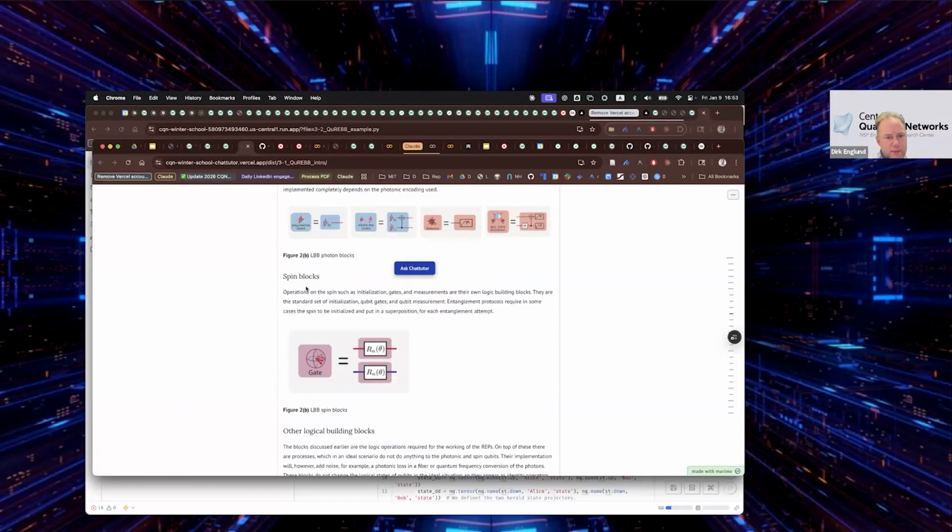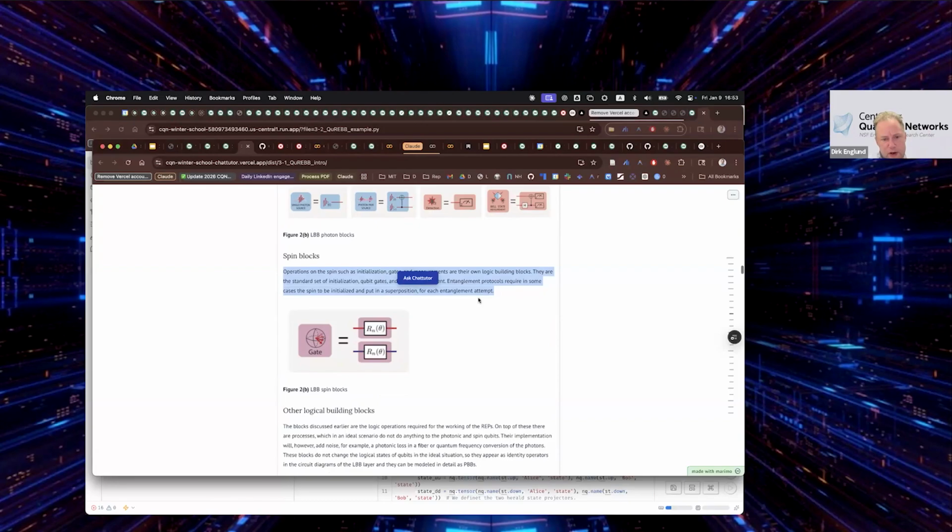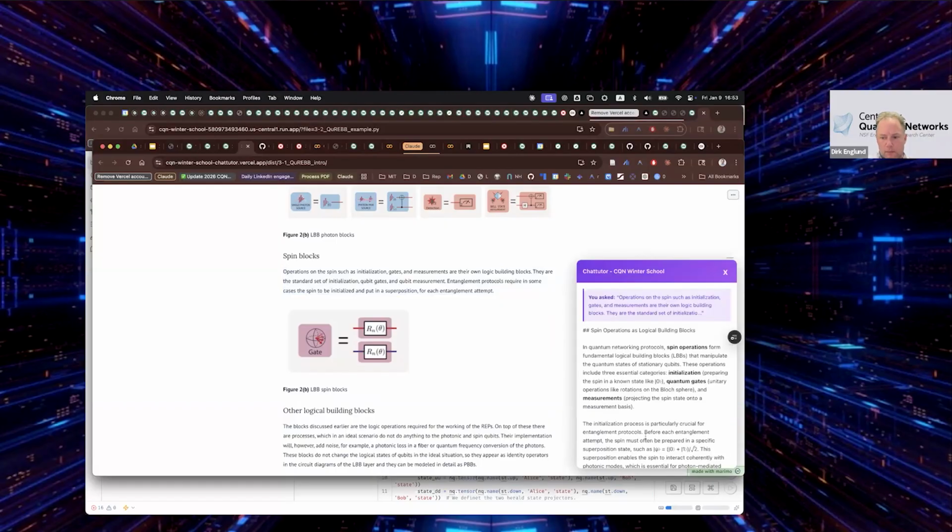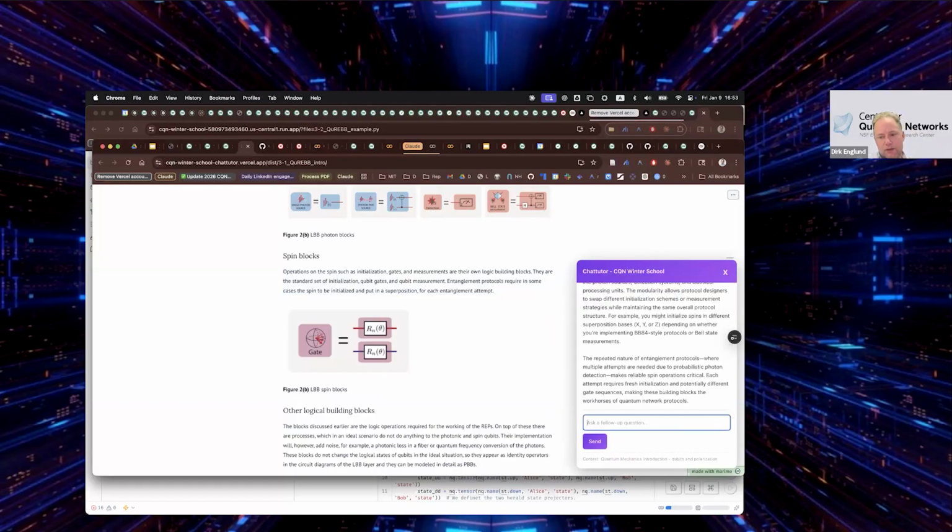Here are the spin photon interactions. Here are spin blocks themselves. So you could ask, for example, how to construct a 6 pulse dynamic decoupling sequence in QREP.